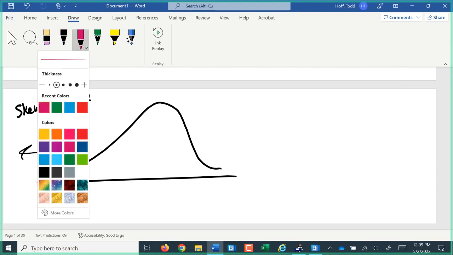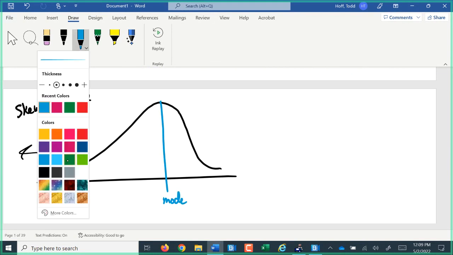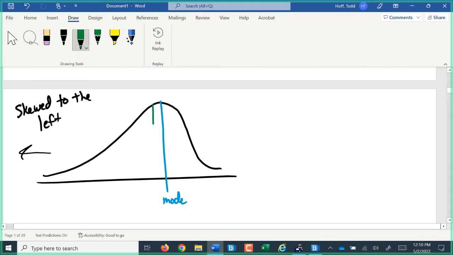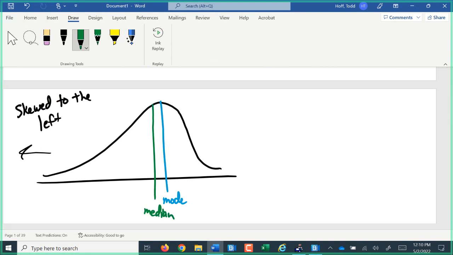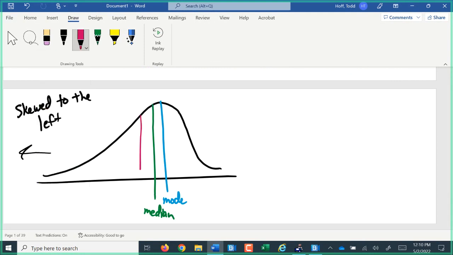If I look at that, the mode is still the highest point right there. The median, the middle, well, there's a few extra points on the left side, so that median has probably moved over a little bit. But as we saw, those couple of extreme points move the mean a lot.